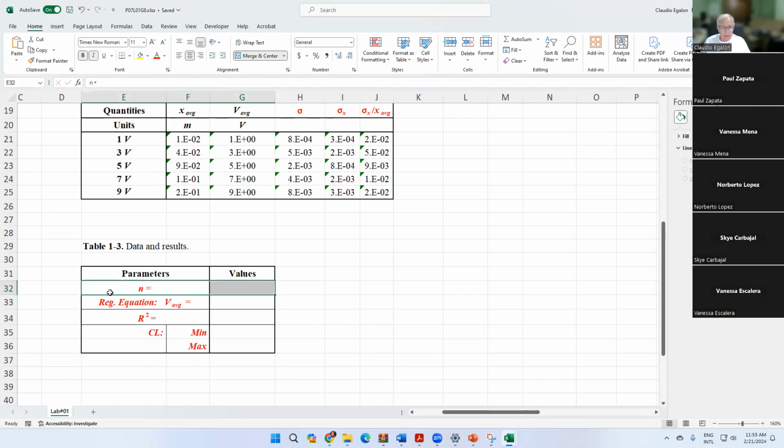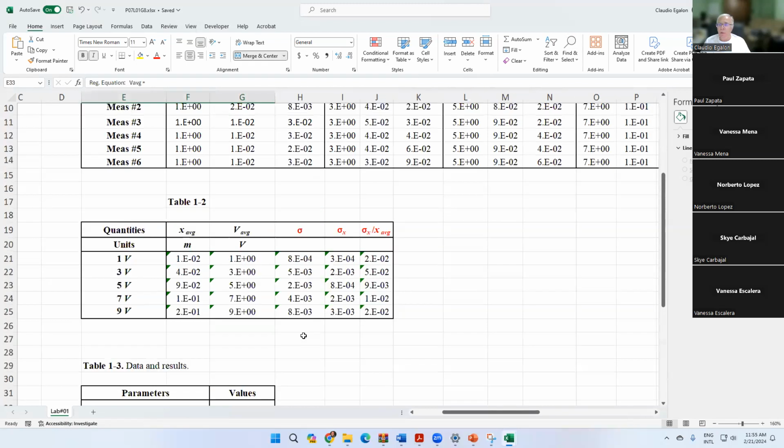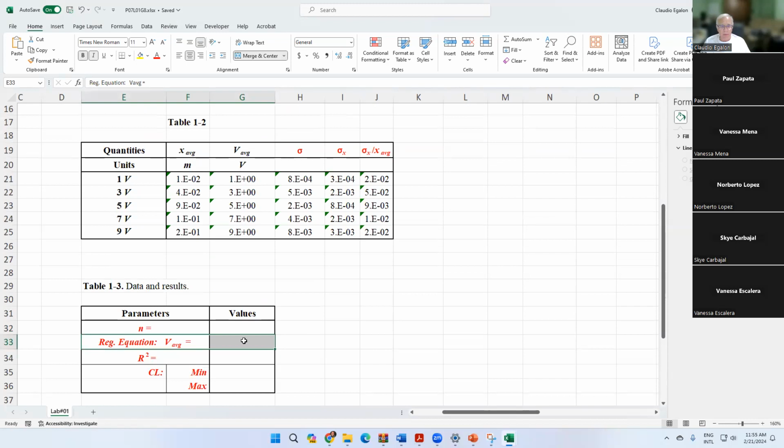The number of data points is 6, no, it's 5, sorry. 1, 2, 3, 4, 5. 1, 3, 5, 7, 9 is 5 data points. The average is whatever we got with that equation. R squared is whatever we got there as well, right? You saw that. This one is a little bit more difficult. This one I'm going to cover with you next time, okay?